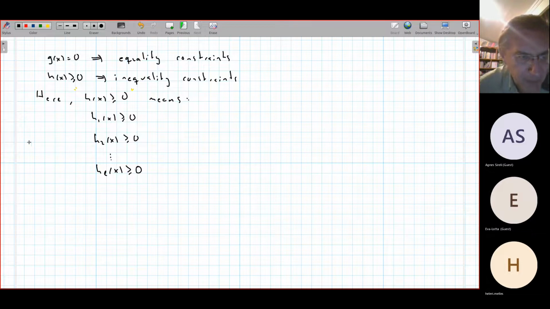So something important, notice that every inequality constraint can be rewritten in this form. So that's what I'm going to observe now. This is a small note.